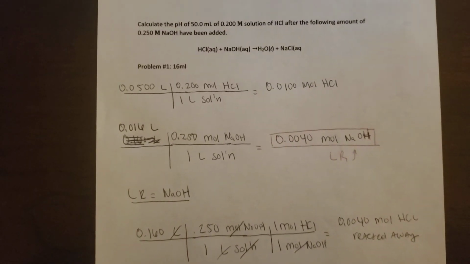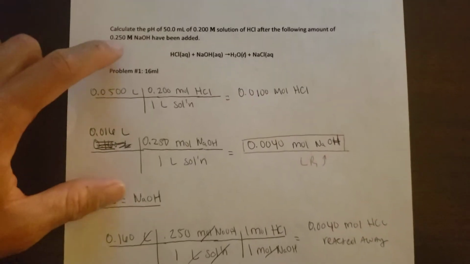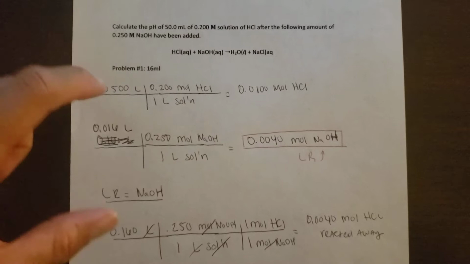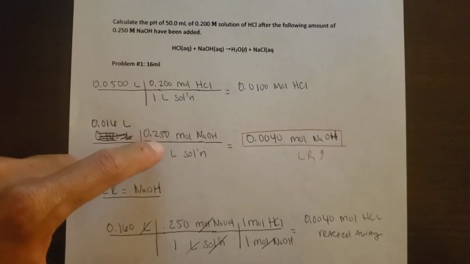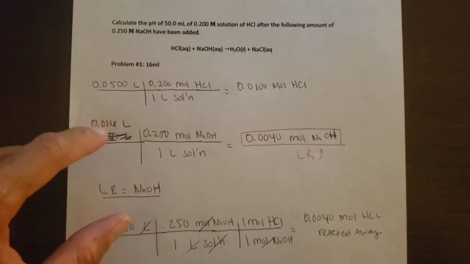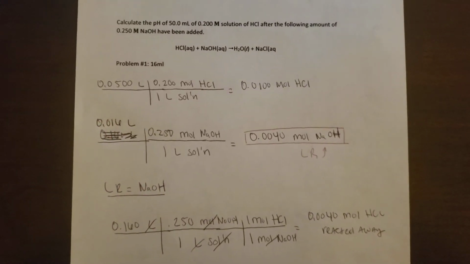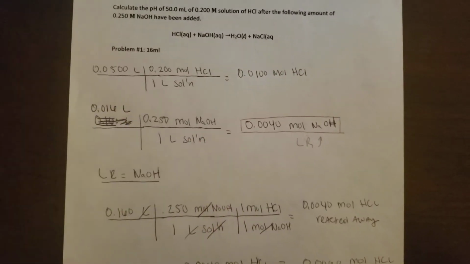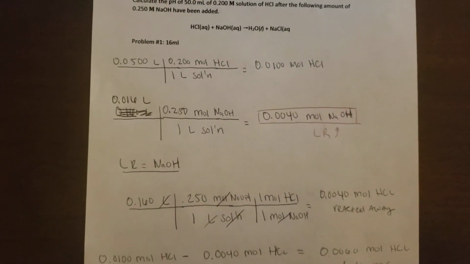And that's simply just a molarity. We get that from our question here. That's in the problem. So that's basically molarity, 0.250 moles of sodium hydroxide times 0.016 liters. And we're going to get 0.0040 moles of sodium hydroxide.